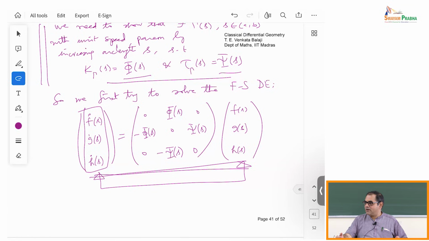Where is it wrong? Because you see, I have already assumed that there is a gamma for which this f, g and h are exactly the t cap, n cap and b cap. That I should not. That's where you have to be careful. What the theory of existence says is that there are three vector valued functions f, g and h which solve this ODE, and the only initial condition you can put is that at one point they give rise to an orthonormal frame.